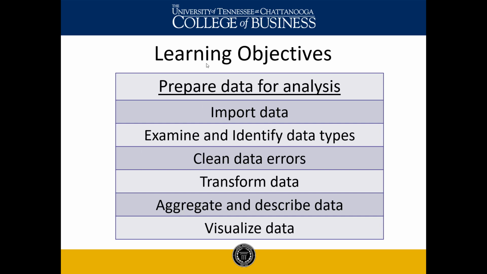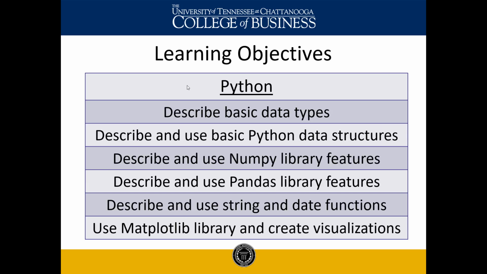We'll learn how to import data, bring in data, identify data types, clean, transform, aggregate, and visualize. These are the tasks that we will learn how to perform, and we will do that using Python. So these are the different Python features, Python capabilities, that we will be using to achieve those data-oriented learning objectives.